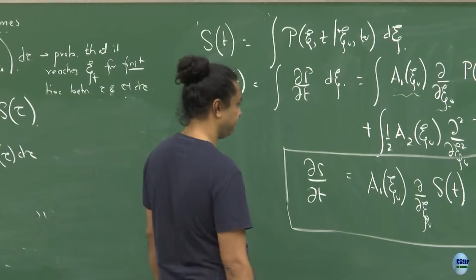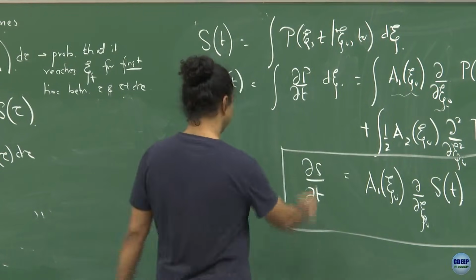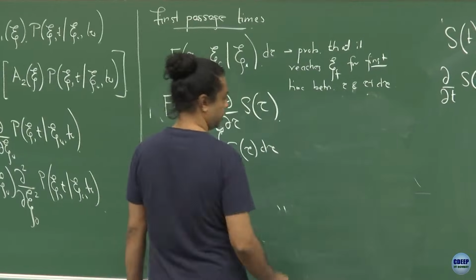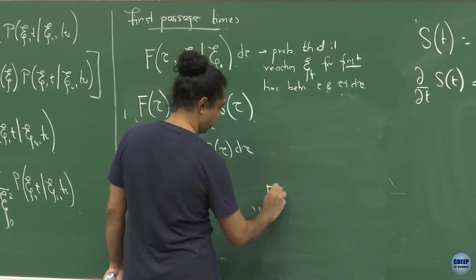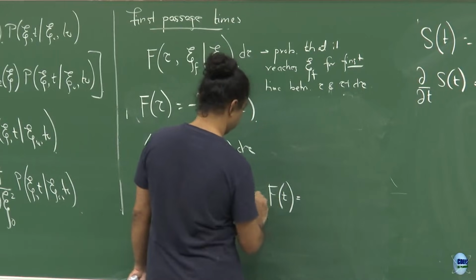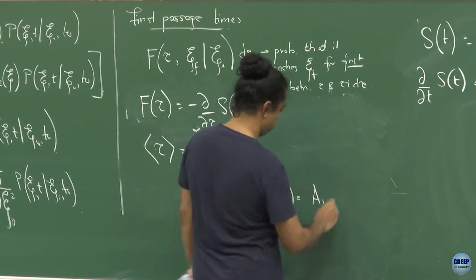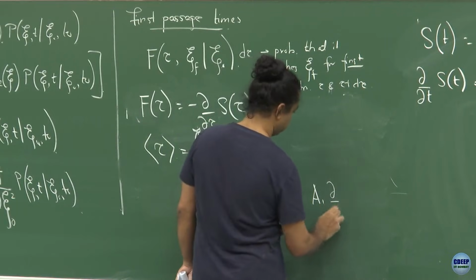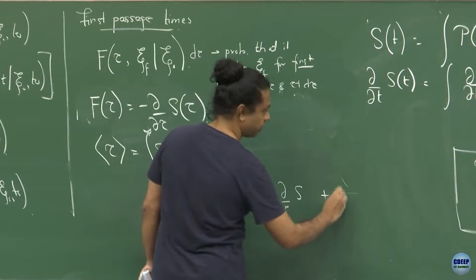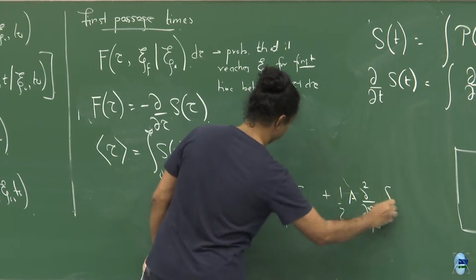Now, this is my survival, but del s del t is nothing but my first passage. So minus f of t is then a1 del del xi naught of s plus half a2 del 2 del xi naught 2 of s.